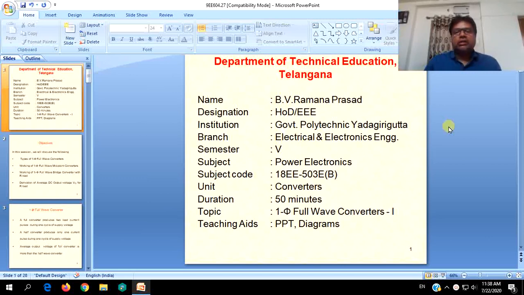In that, uncontrolled and controlled converters with various loads, that is resistive and inductance load, and also RL, that is resistive and inductive load, along with the freewheeling diode. Also, we have developed the waveforms and the load voltage and currents. All those things will be discussed on similar lines in application to full wave converters, that is the converters which will rectify the full cycle or full wave of the input AC supply.